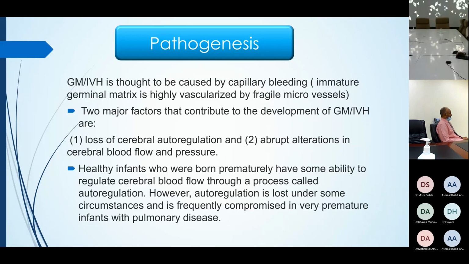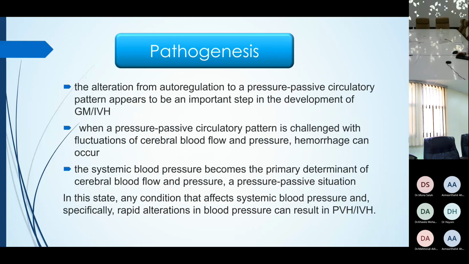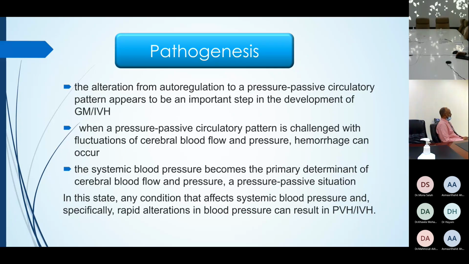Healthy infants who are born prematurely have some ability to regulate cerebral blood flow through a process called autoregulation. However, autoregulation is lost under some circumstances and is frequently compromised in very premature infants with pulmonary disease. The alteration from autoregulation to a pressure-passive circulation pattern appears to be an important step in the development of IVH.